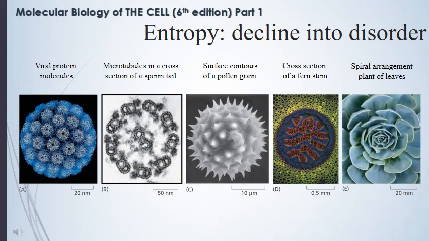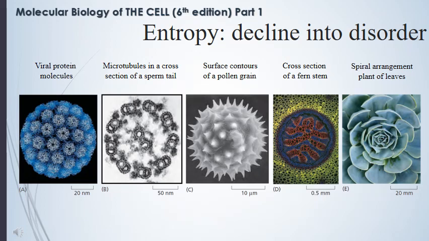So as you can see, biological systems are quite complex and very organized. And even on the microscopic level, we can see how organized these structures are, such as viral proteins, the microtubules, specifically in this case in a sperm tail. We have pollen.